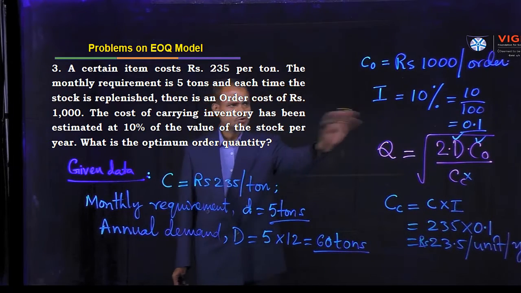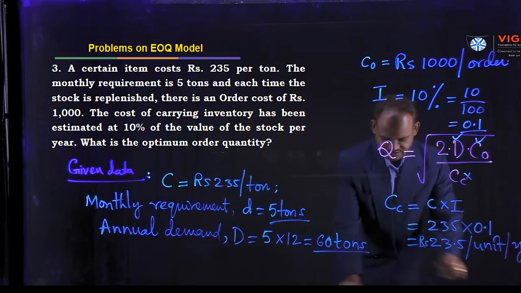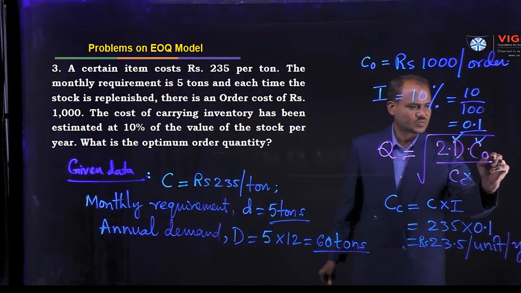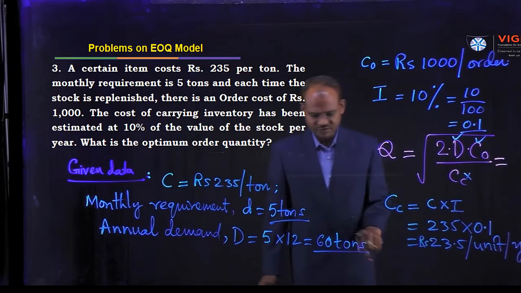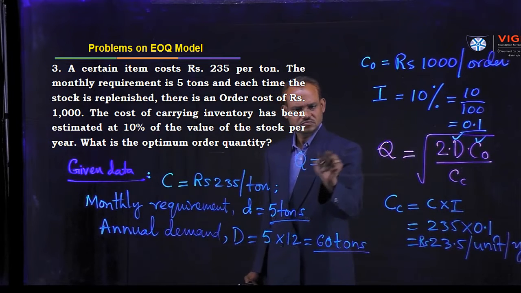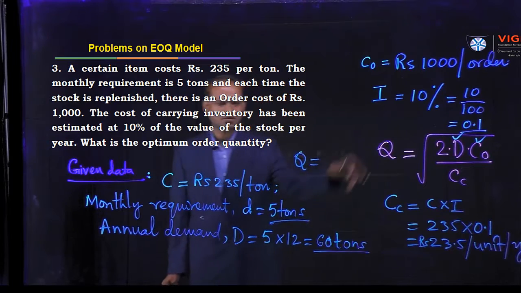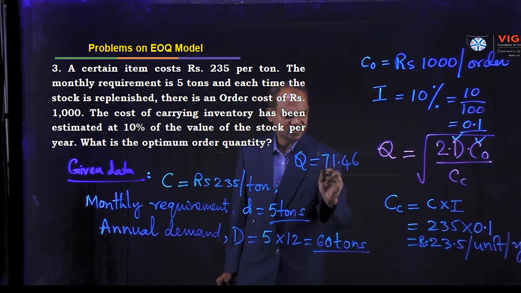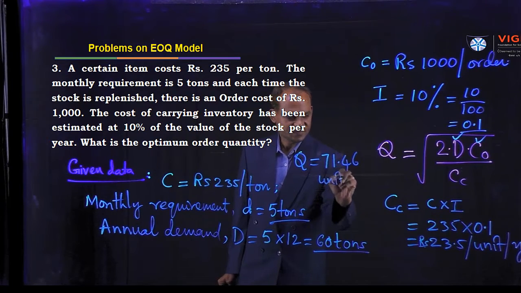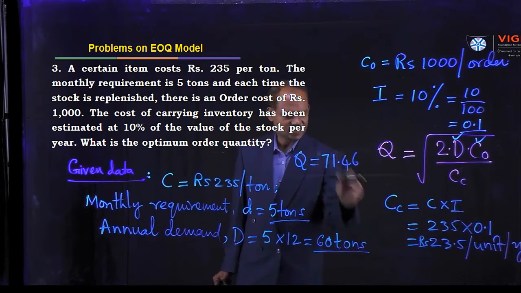So substitute all these values in equation Q. After substitution of all these values, we will get 71.46 units, items.